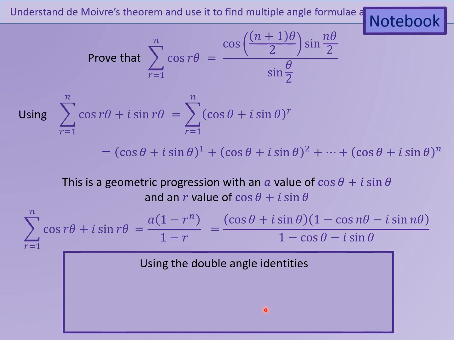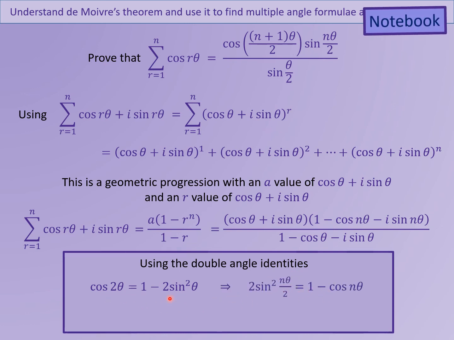Now this seems a really weird thing to say because I don't really have any double angles in this. What I've noticed is that in this bit I've got things like n theta over 2, and theta over 2. So I'm using double angle formulas, but in a bit of a strange way, by going backwards.